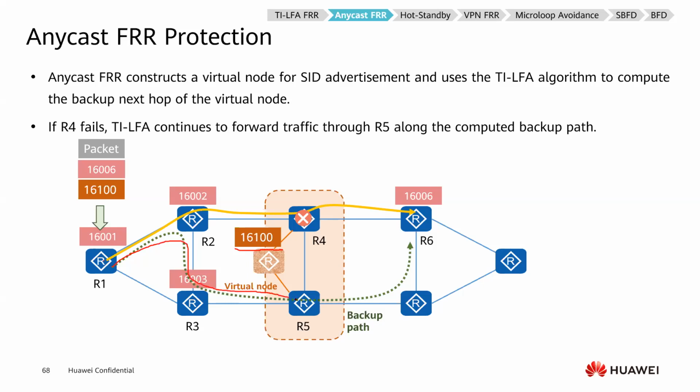I will send to the other 16100, sending to here. Then here will help me send to the destination. So this is anycast FRR. This is for the case where a path must be last forwarded by a certain node. If this node has a problem, you can use anycast FR to prevent this kind of situation from happening.